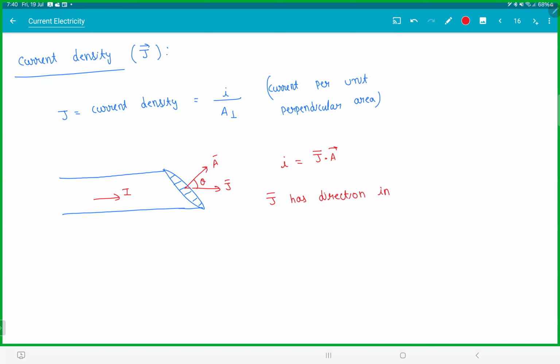Current is not a vector. So this will be J A cos theta, where theta is the angle between the area vector and J. This is current density, current per unit area. Quite a useful thing, especially in magnetism, we will use this more than here.